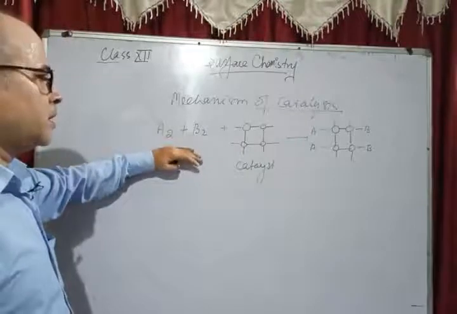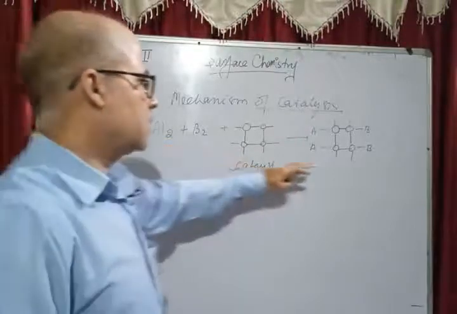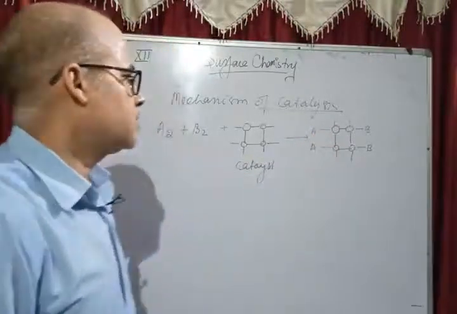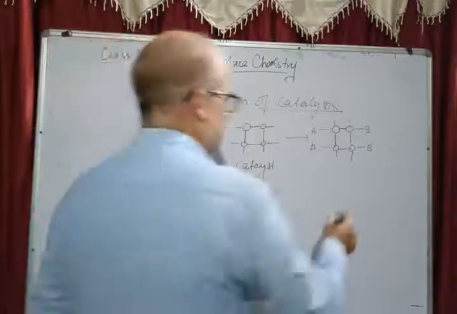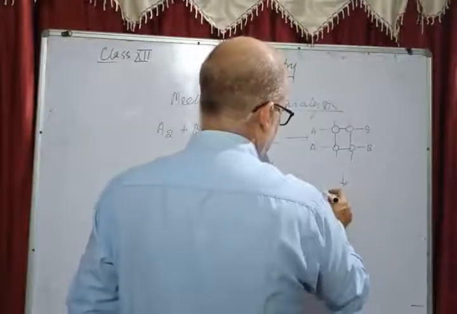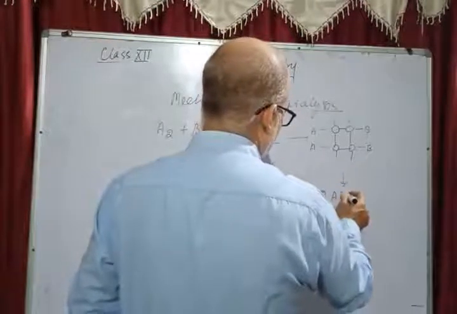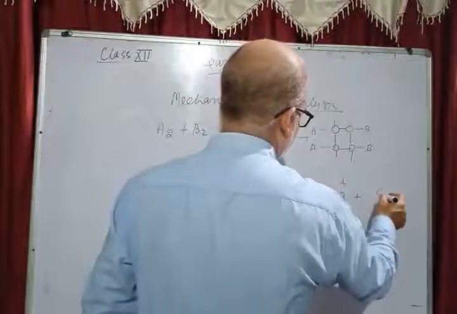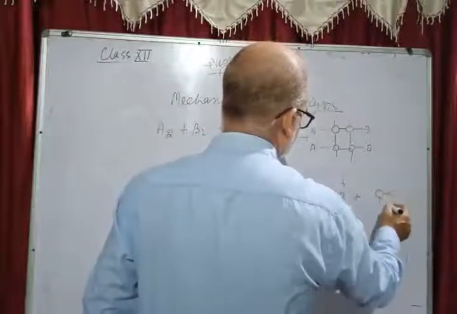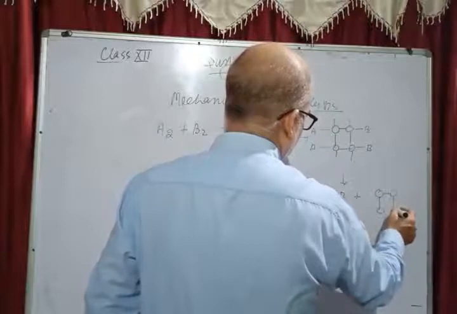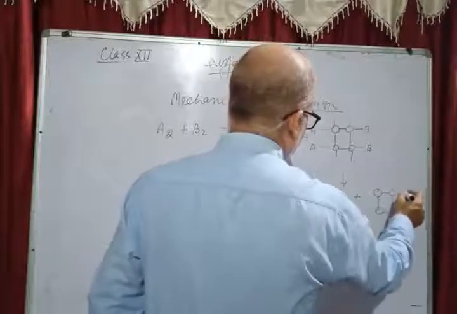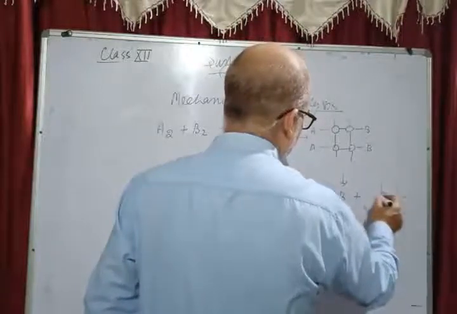They have high activation energy. When they get adsorbed at this surface, then after some time you will see a new compound is formed and the catalyst will be released. In the same condition, there will be no change.